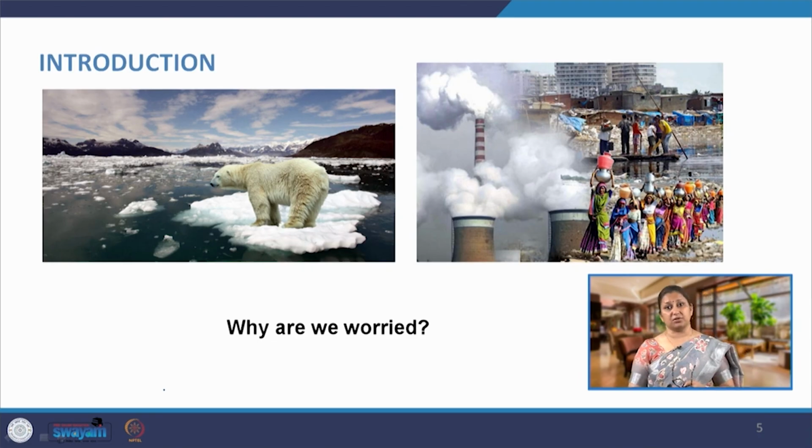The second picture, we are worried about how our future generations are going to survive. Am I going to get enough water in the time to come? The air, everything that we have just talked about is a reality. I am worried about my own existence, my own sustenance. And that is why we are talking so much about all these things.